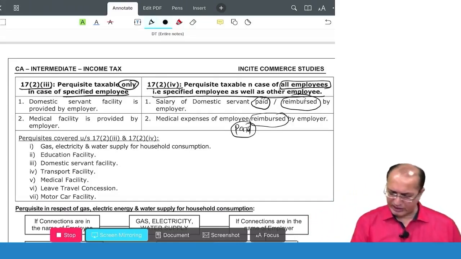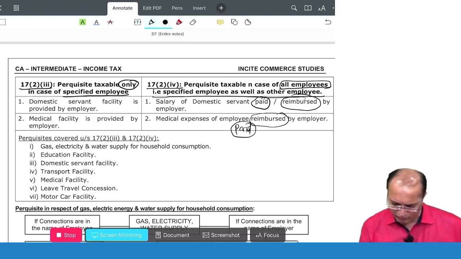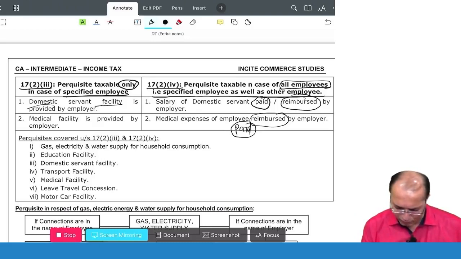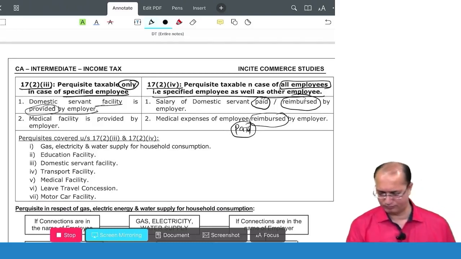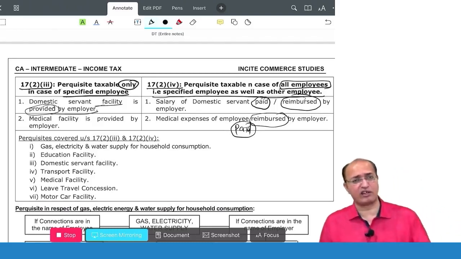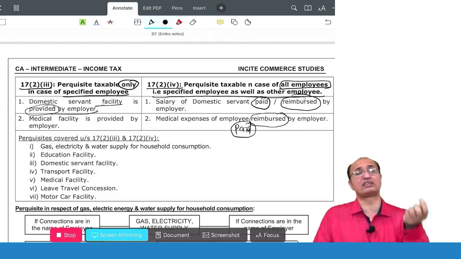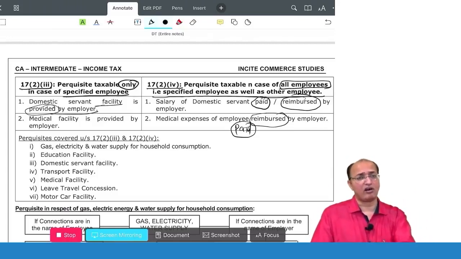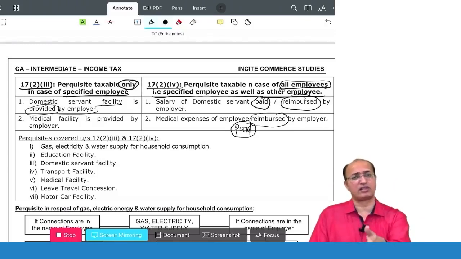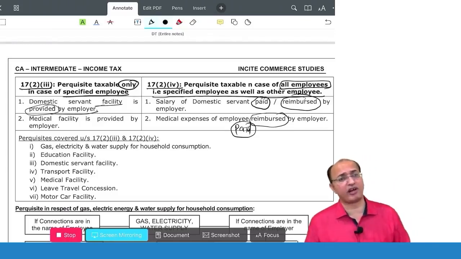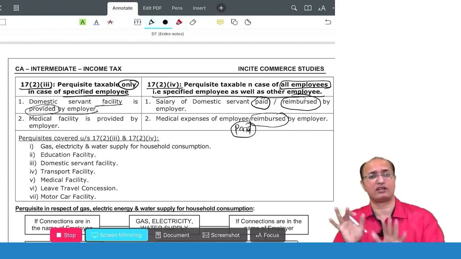On the left hand side, for the same facility we have given you an example that is in the nature of non-monetary. Domestic servant facility is provided by the employer. So instead of giving you money, instead of paying the domestic servant a salary, or you paying and then being reimbursed, the employer has provided you a domestic servant itself.